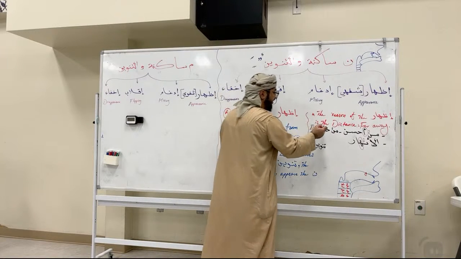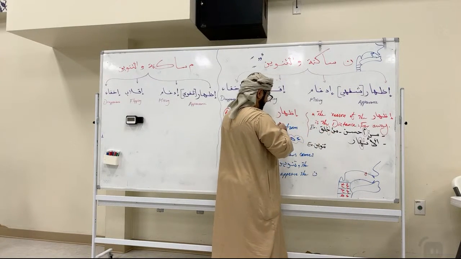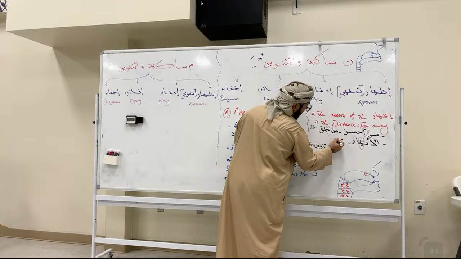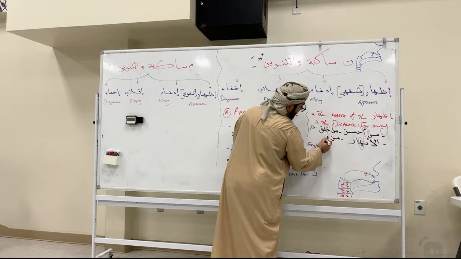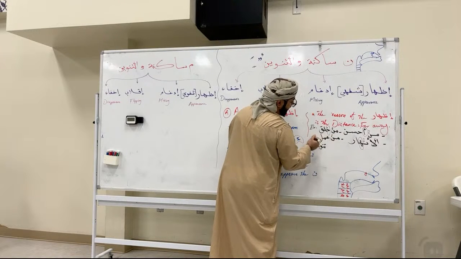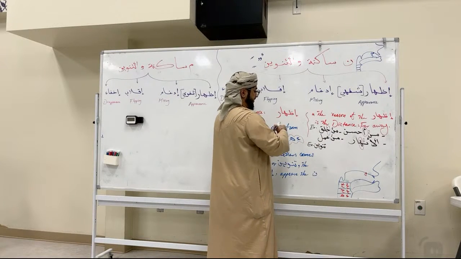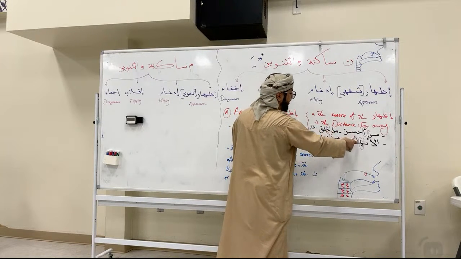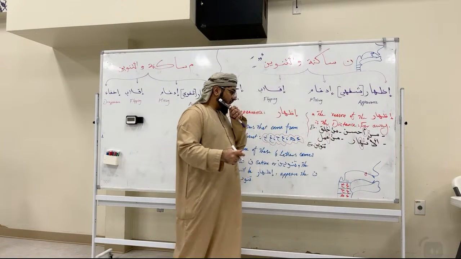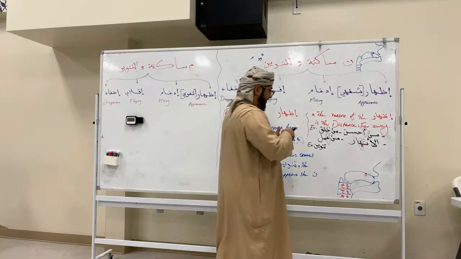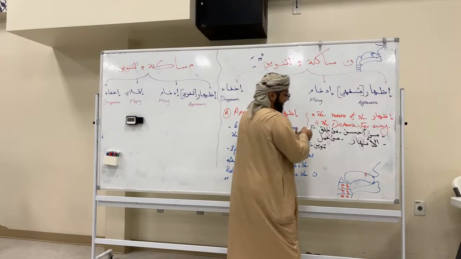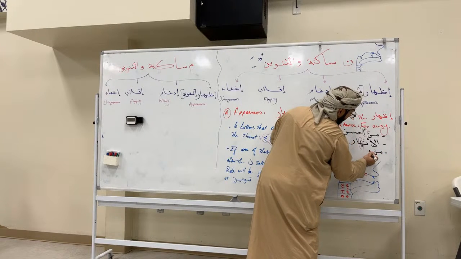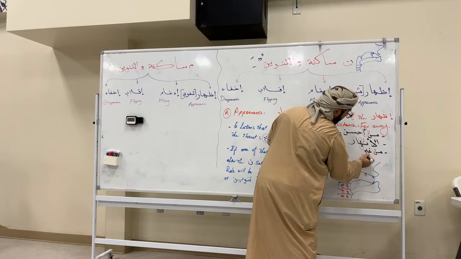We already have the kha. من عملي. من عمل. We have hamza, ha, kha, ayn. We need ghain. من غيري، من غير.